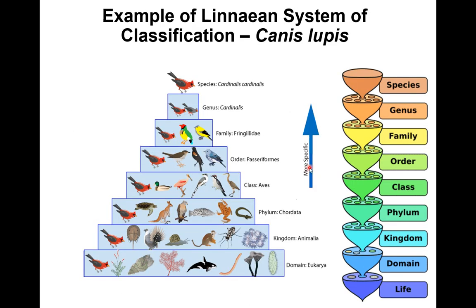Here is an example of how it works. For example, for this beautiful bird, which is the cardinal. Obviously, it's a living organism, so it belongs to life. And then it belongs to the specific domain called Eukarya. Okay, it's a eukaryote. Among them, there are plants, fungi and so on. It belongs to Animalia, so the kingdom of Animalia. Then it belongs to a smaller group.